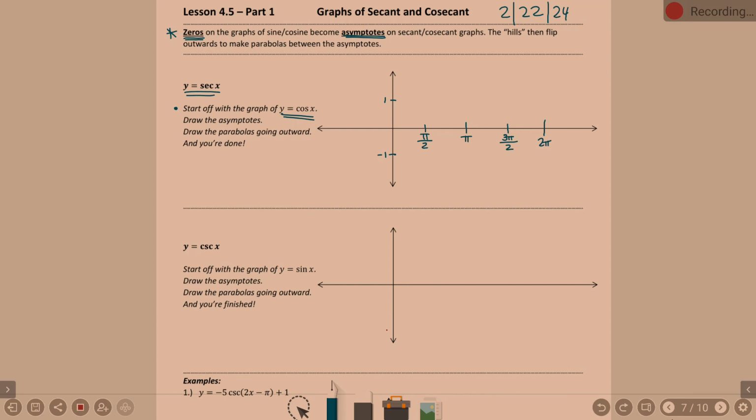Now, what I'm going to ask us to do is a dotted line cosine graph here. So what's cosine do? It starts up, then what? Crosses through pi over 2. Then? It's low at pi, a valley. Crosses at 3 pi over 2.